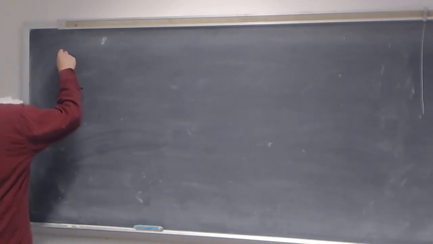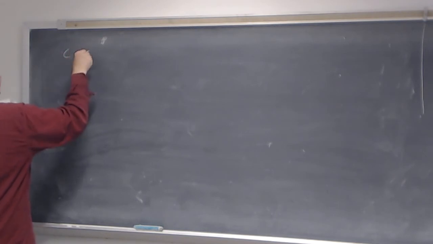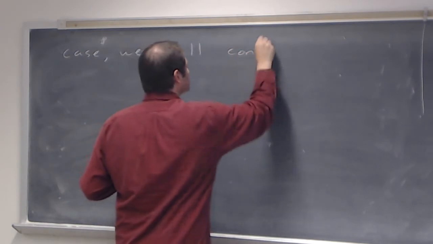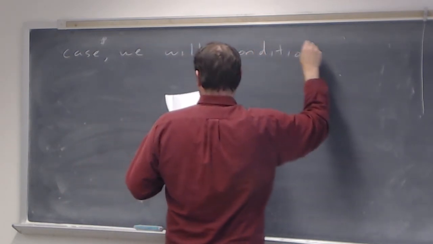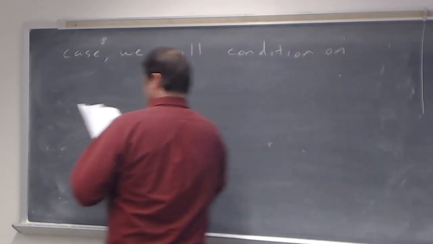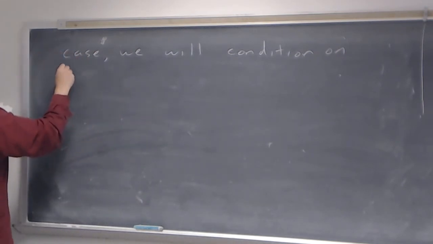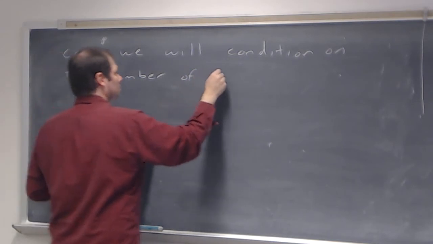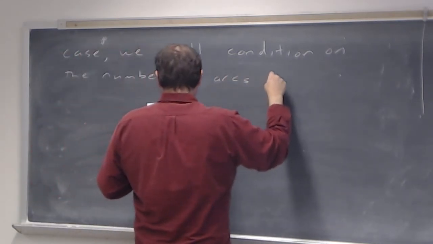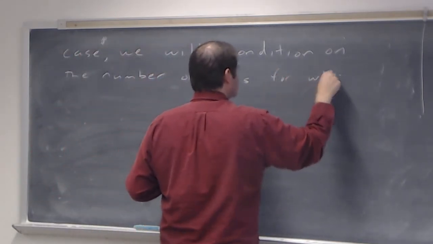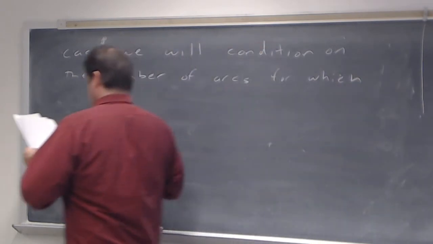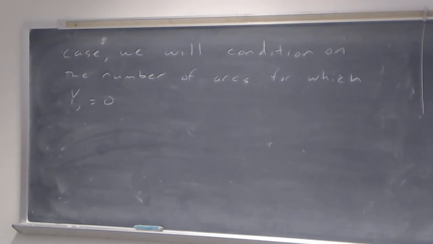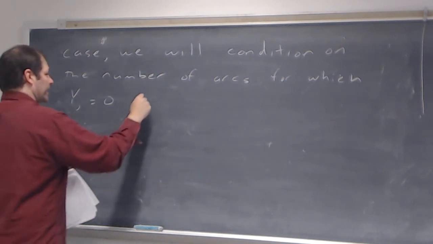we will condition on the number of arcs for which Y sub j equals 0. So here's what we're thinking.